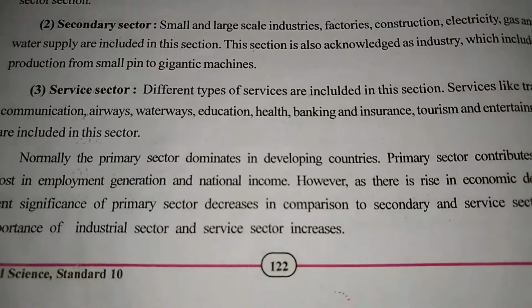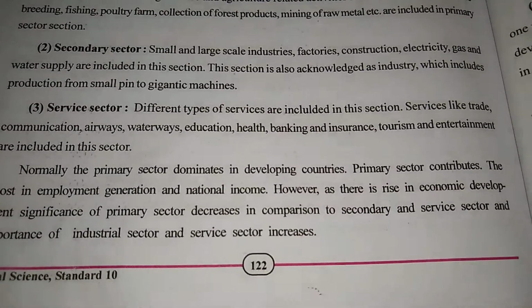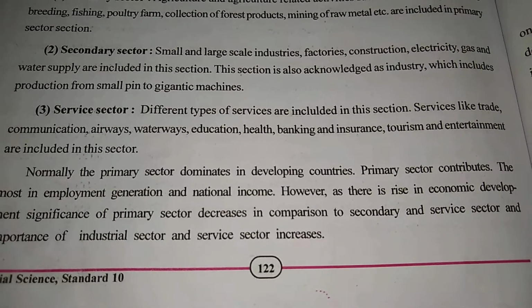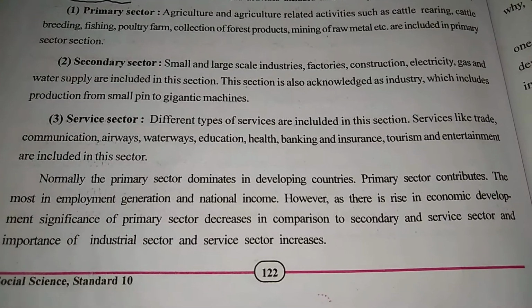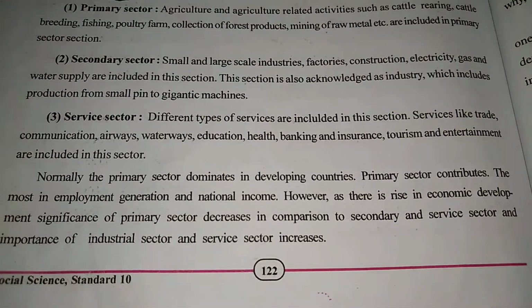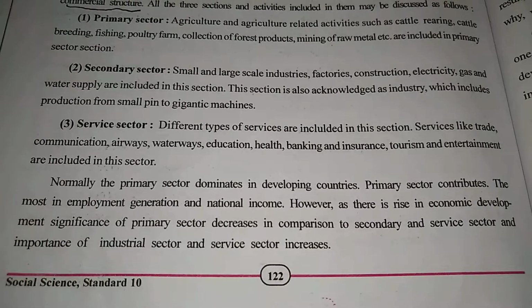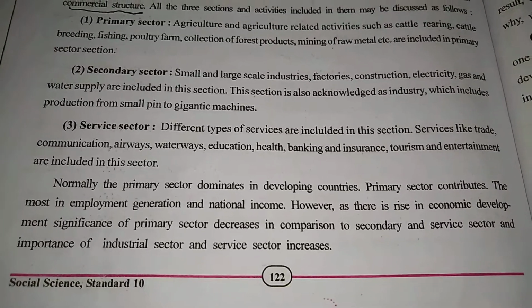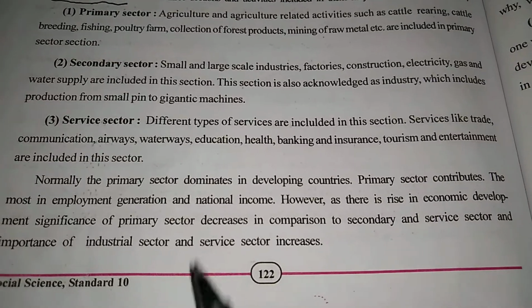Now the second category, that is the secondary sector. Whatever you receive from the primary sector, when you process it and go for production, then you are in the secondary sector. That production activity is known as the secondary sector. Let's read in the textbook first.